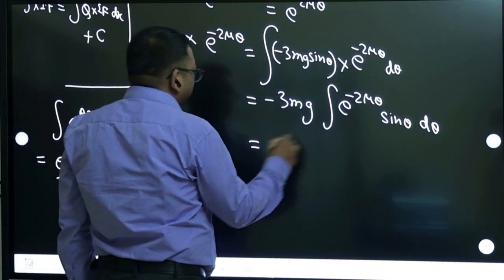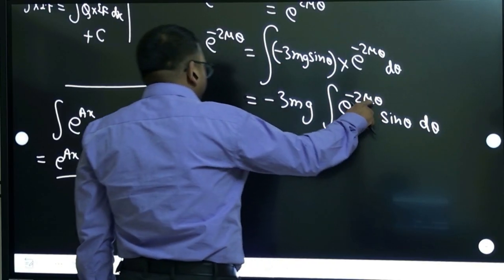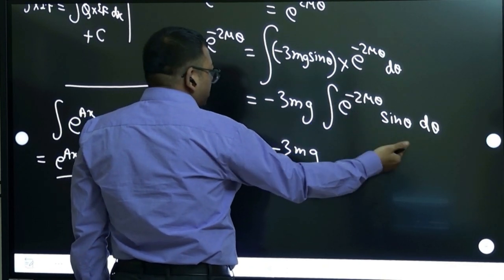So the right hand side I am solving. Minus 3 mg comes out. E to the power, here what is a? A is nothing but minus 2 mu and b is nothing but 1.